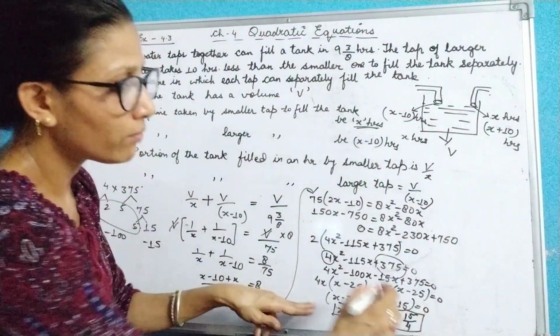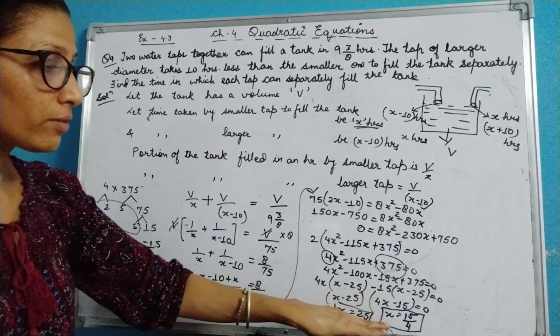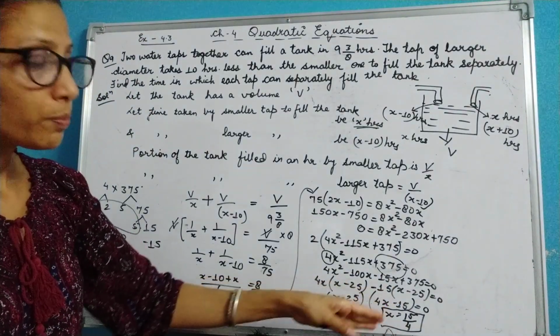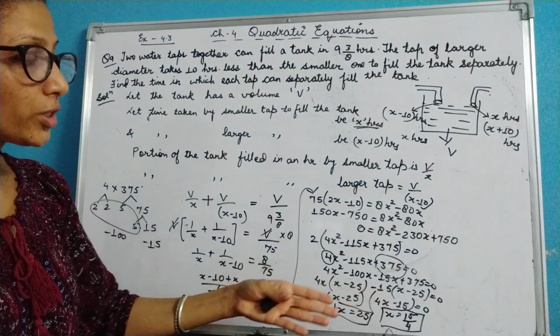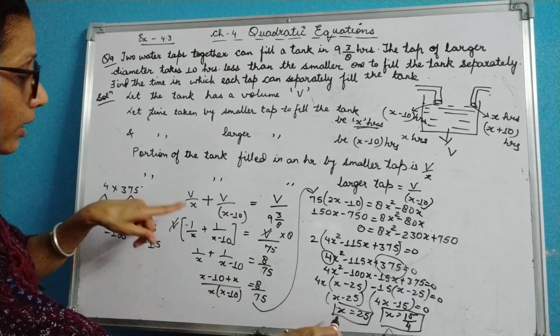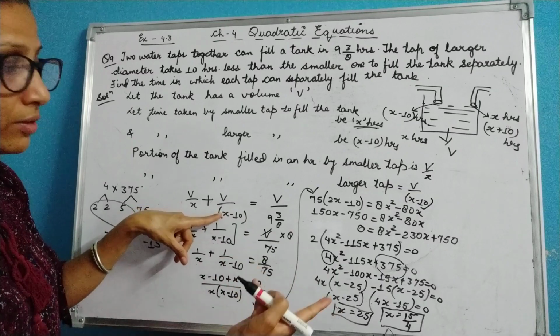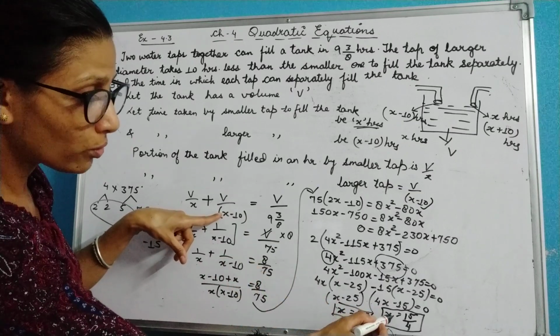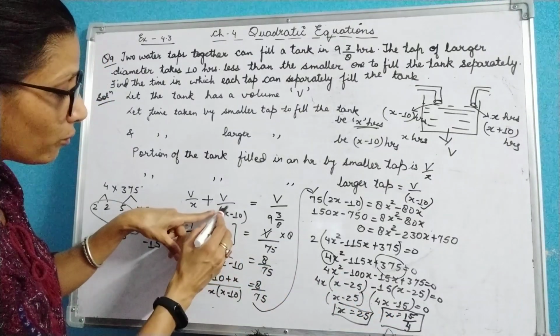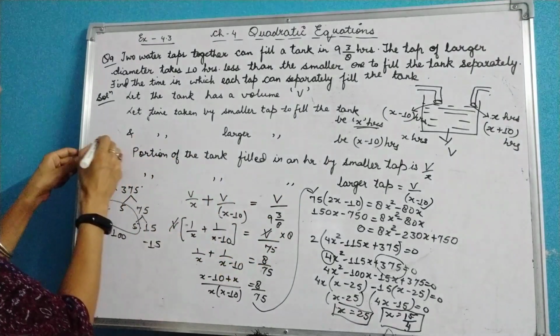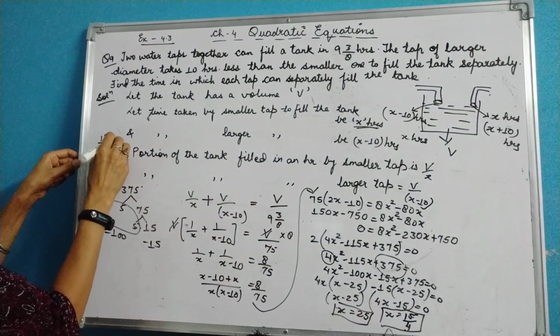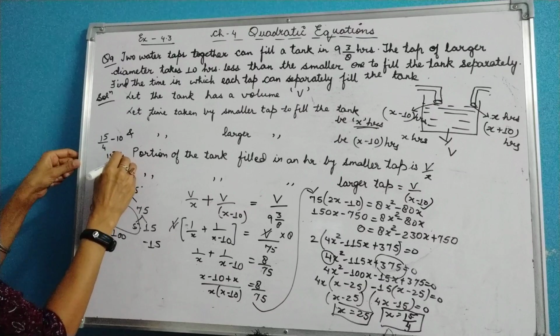Now children, both the values are coming positive. Then which value should I be considering? So here you see, if your x is 25, then 25 minus 10 can be written as 15. But if you consider x as 15 by 4, then 15 by 4 minus 10 will give you a negative value.